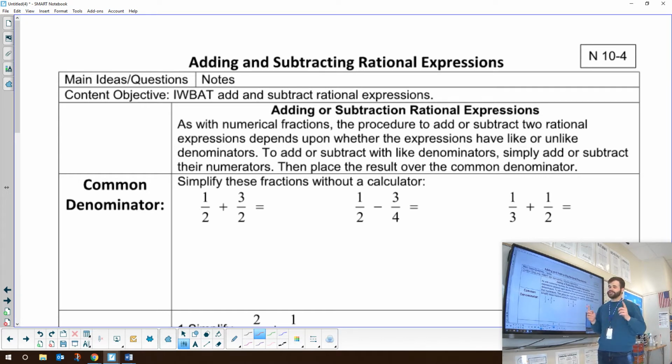The way it works is you must have a common denominator to be able to add fractions together. Okay? We must have a common denominator. So for instance, we must be counting the same thing. Here I have 1/2 and 3/2.